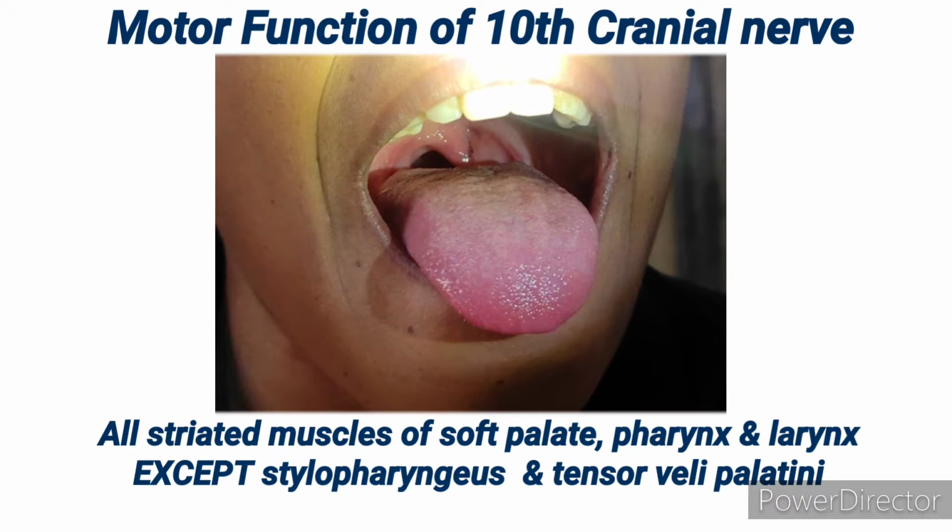The superior laryngeal nerve has two branches, internal and external. The internal branch is sensory, while the external branch supplies the cricothyroid, while all other intrinsic laryngeal muscles are supplied by the recurrent laryngeal.